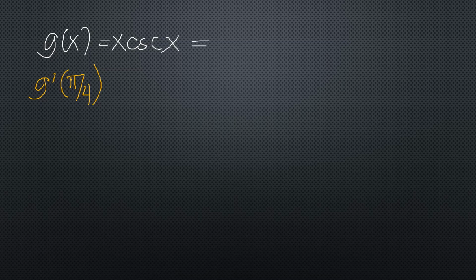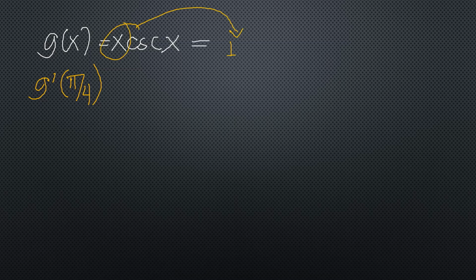Okay, let's have another example. Let's say g of x is equal to x cosecant x. So that is the product of x and cosecant x, and you're looking for g prime of pi over 4. Since this one is a product, we need to get the derivative of x.